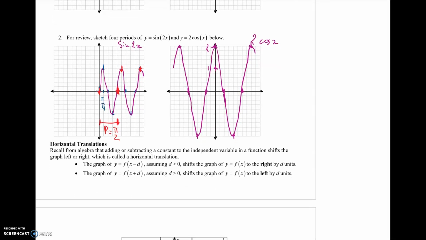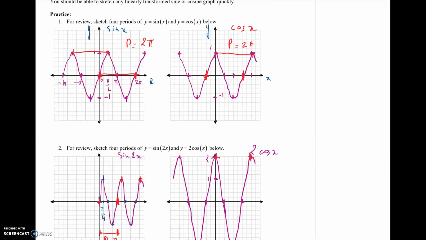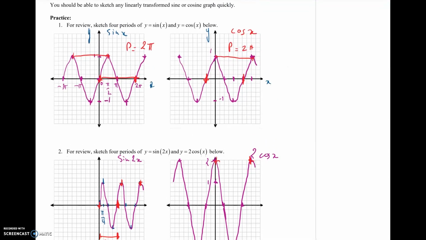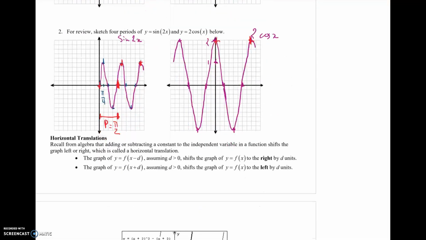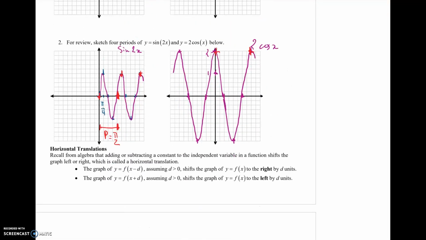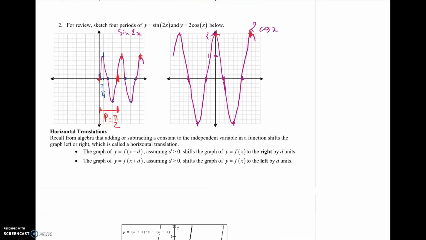Now, if I look at the other one, when I have y equals 2 times cos x, I can see that the period is still equal to 2 pi. The period still corresponds to x equals 2 pi. So we have it right here.